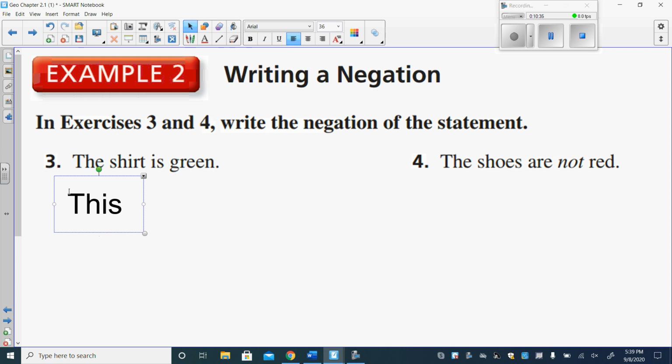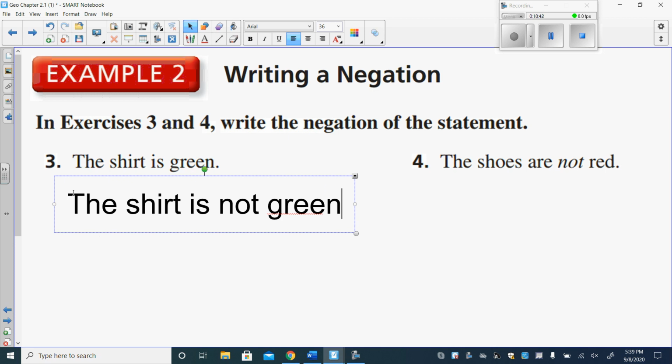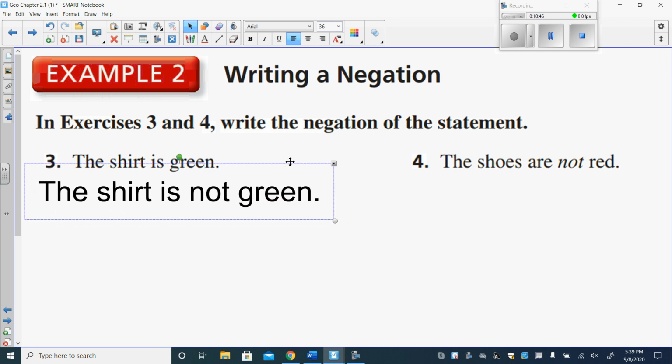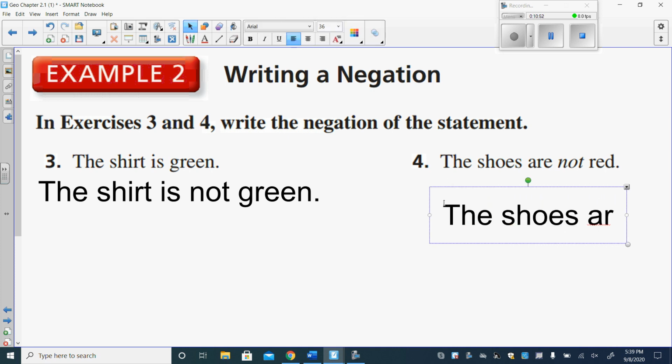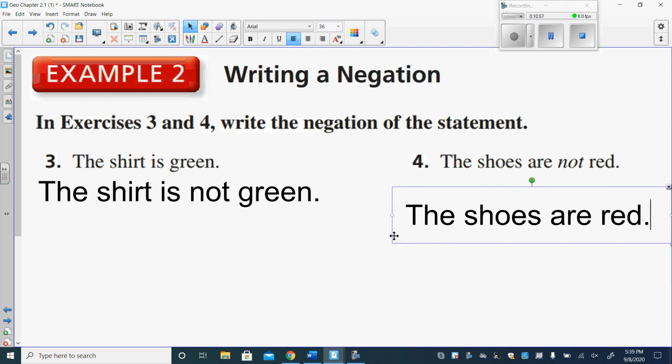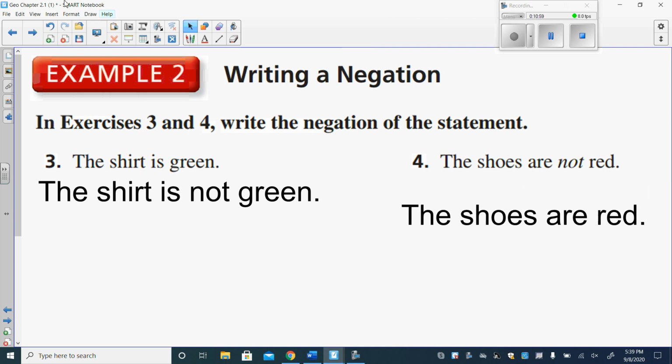So we'll do two more because they're not too bad. So this here, the shirt is not green. Since it said the shirt is green, the negation of it is saying that the shirt is not green. The other statement, the shoes are not red, well, the negation of it is saying that the shoes are red. And that's all we have to do for these here. The negations are pretty easy.